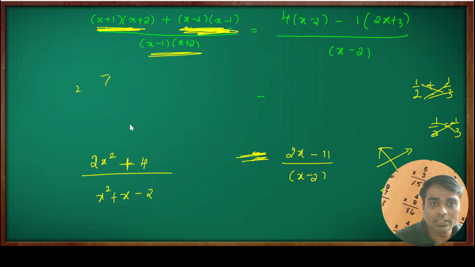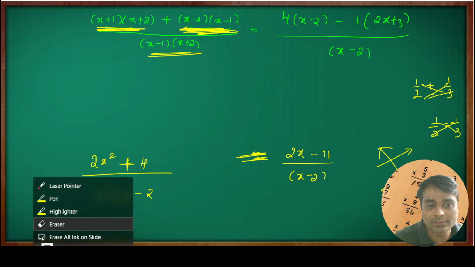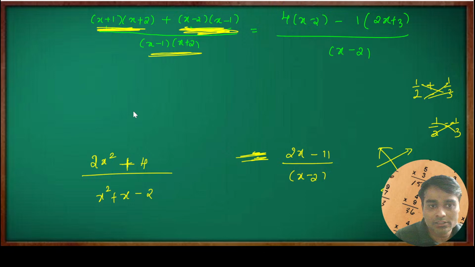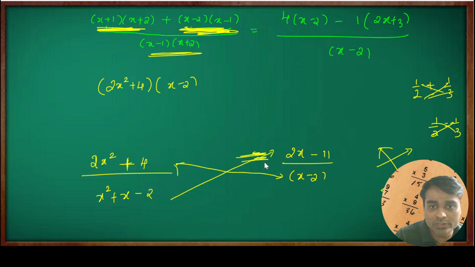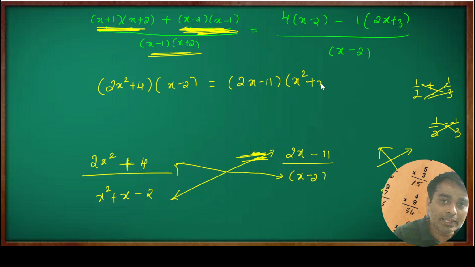Okay, let me cross now. 2x square plus 4 into x minus 2. See, these two will get crossed, these two, and these two will get crossed simply, equal to 2x minus 11 into x square plus x minus 2.